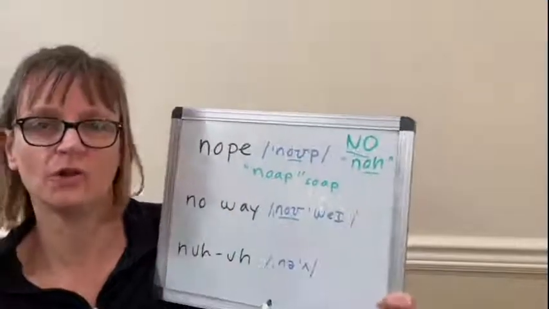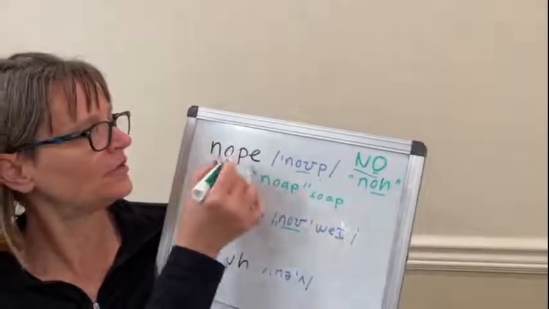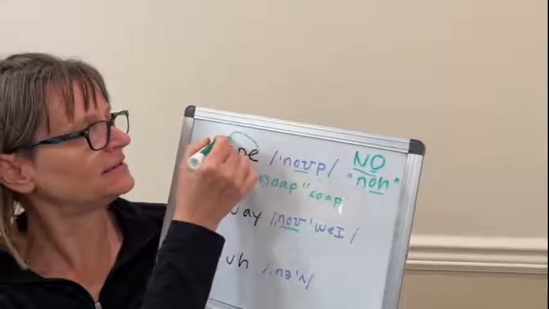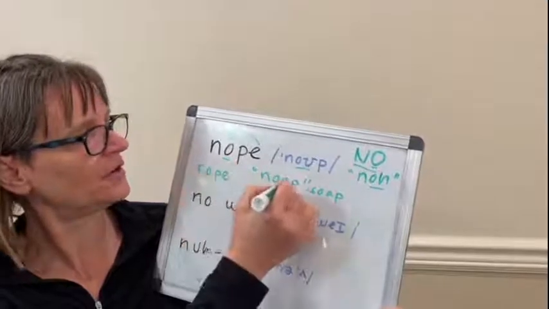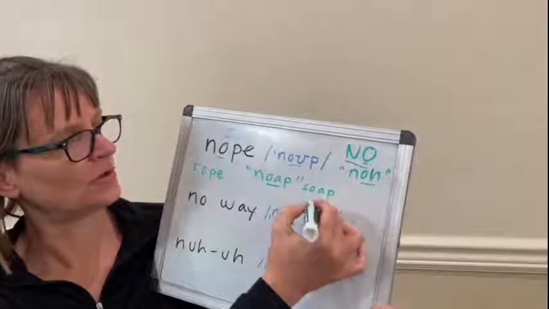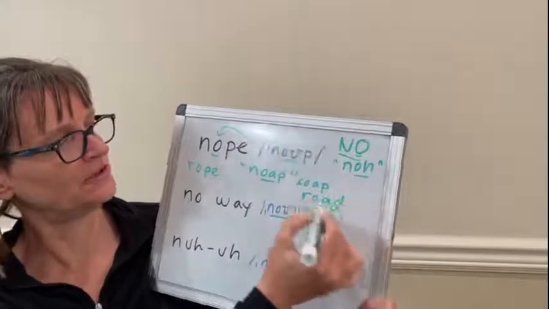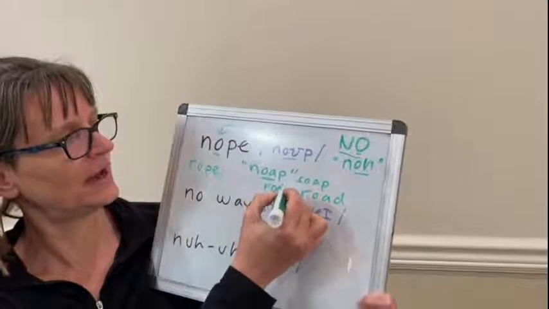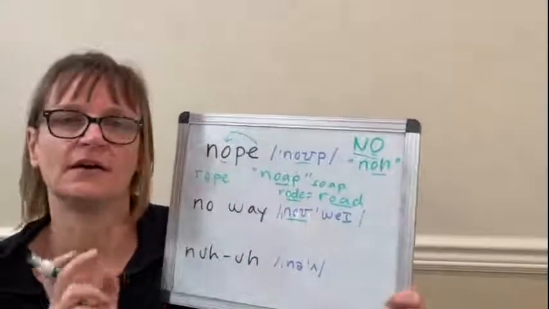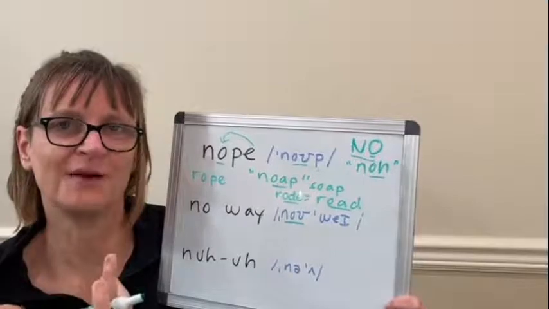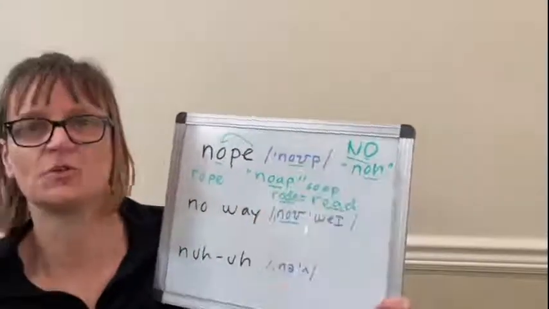Usually that O diphthong is spelled with just O, like no, with O and an E at the end, like nope or rope, or with OA like soap or road. So this road, drive on the road, and this road, I rode my bike, have the same pronunciation. So that diphthong O, the most common ways of spelling it are with two vowel letters or just the one O.